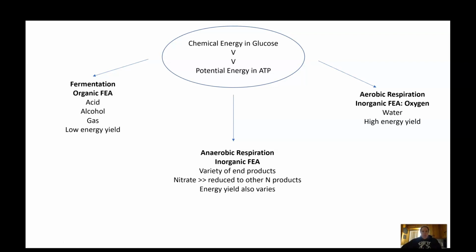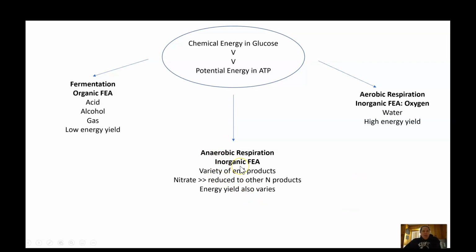So what we're going to do this week is focus on the other 2 parts of the puzzle, which is aerobic and anaerobic respiration. If you recall the characteristic of these 2, if we respire in general, we have an inorganic electron acceptor at the end, and in anaerobic respiration, it can vary.